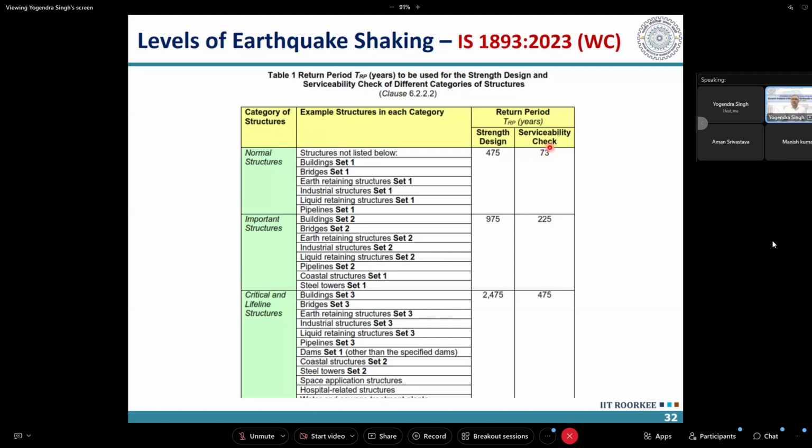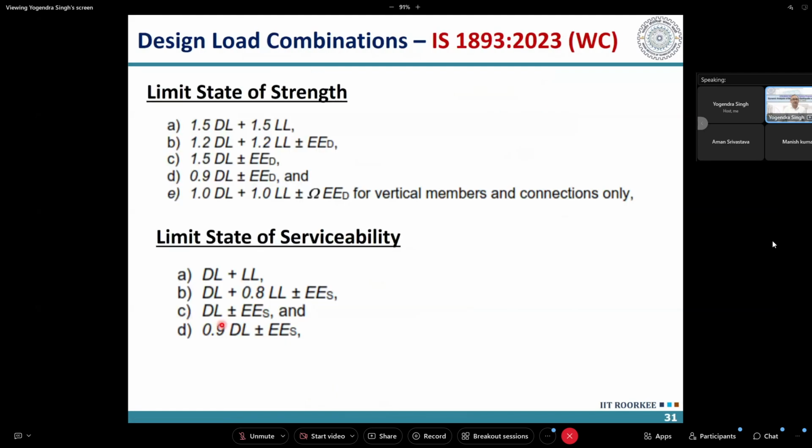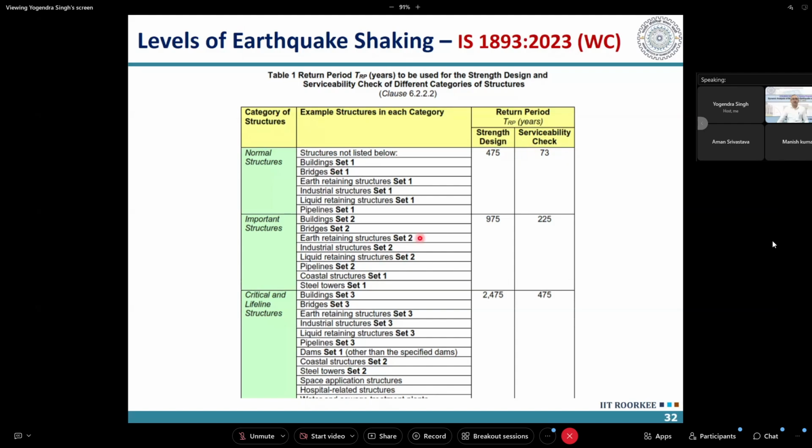So EES in the previous slide actually corresponds to 73 years. In the case of important structures, important buildings, this is 975 years. Important bridges are also coming in this category, bridges of set 2, so those are also to be designed for 975 years.